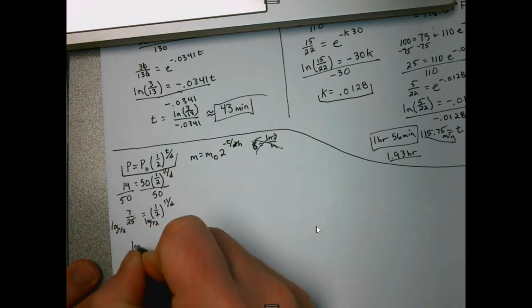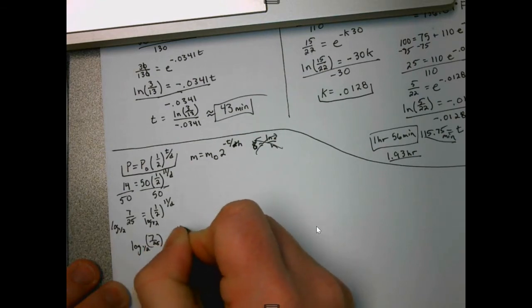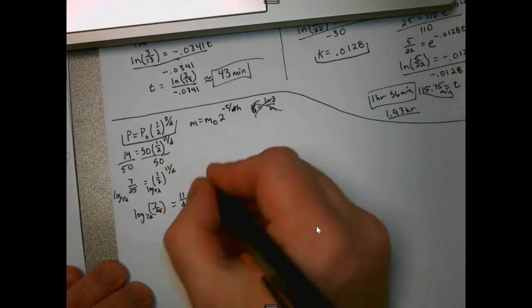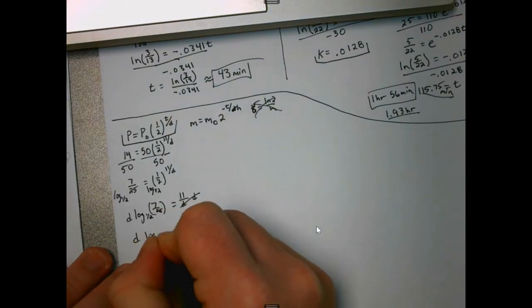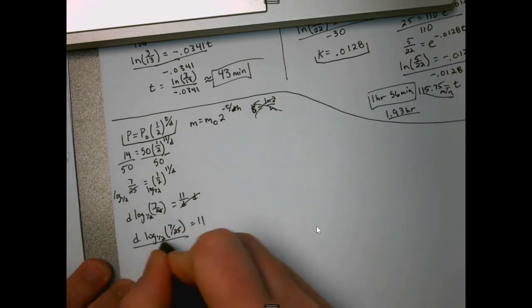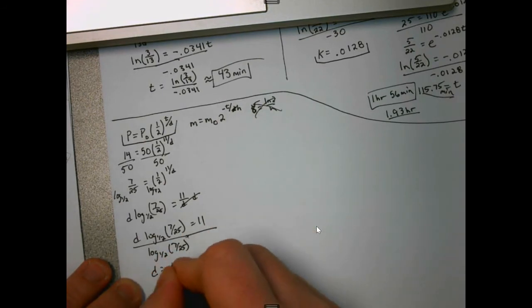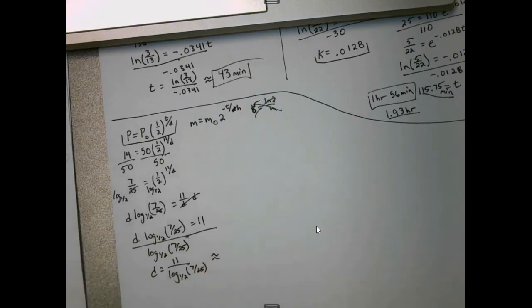So that's log base 1/2 of 7 over 25 equals 11 over D. Okay, if I multiply both sides by D, so D log base 1/2 of 7 over 25 equals 11. And now I divide by this log base 1/2 of 7 over 25 on both sides.